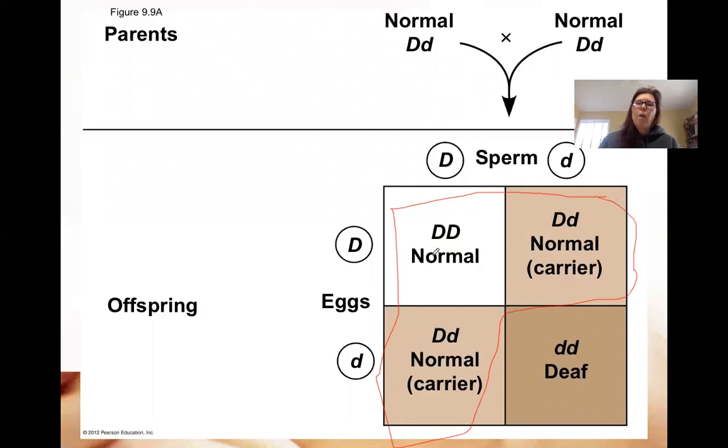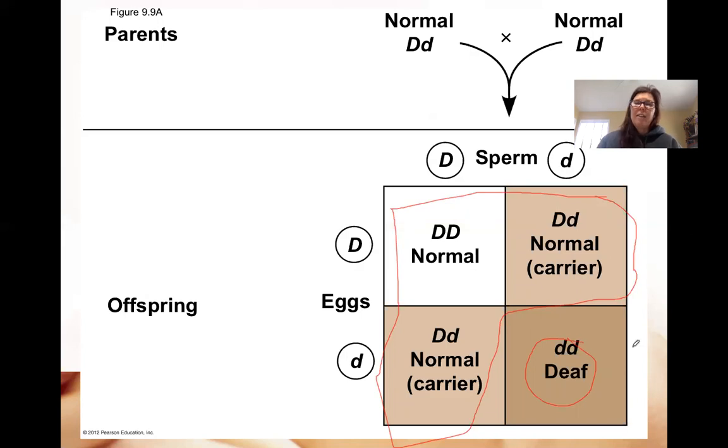Now we have one that is homozygous dominant, which means that they're not a carrier. They will not be giving a bad gene to their children. We have 50% that are carriers. They're normal, they don't show the disorder or the trait we're looking at, but they do have the potential of passing it on to their children. And then we have our poor deaf individual here, little d, little d, homozygous recessive. So again, this would be an example of autosomal recessive.